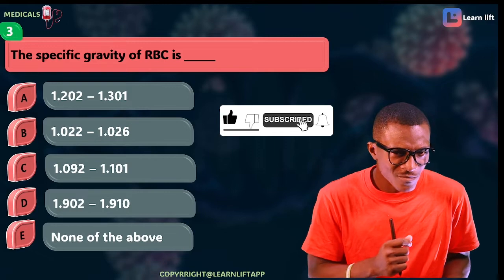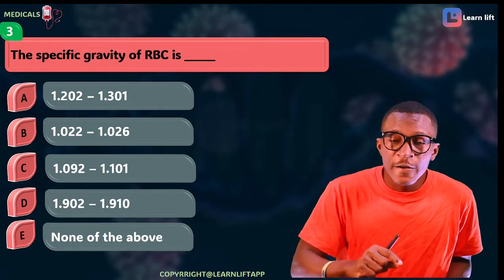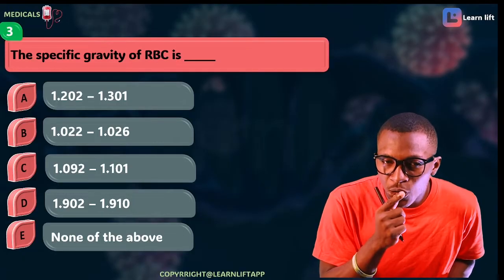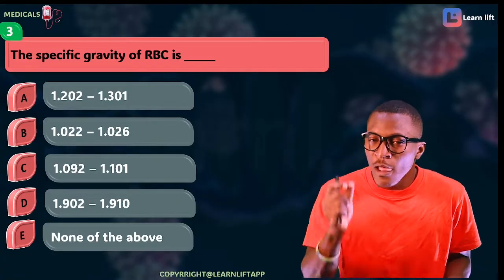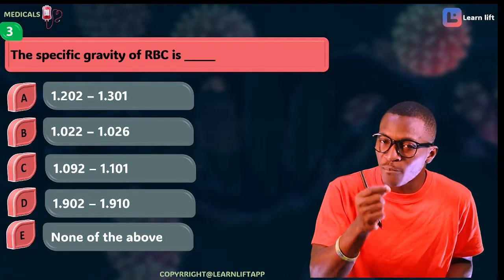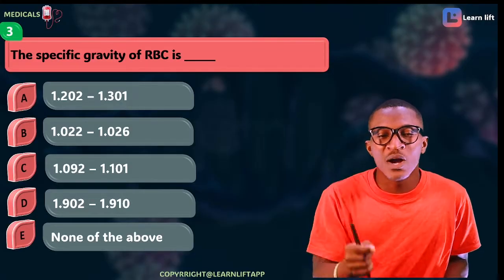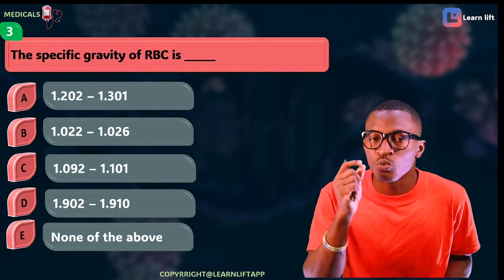Of course, we said that the specific gravity for total blood is 1.052 to 1.061. That's for total blood. But for RBC, that's for blood cells, it is 1.092 to 1.101. While for plasma, it is 1.022 to 1.026.